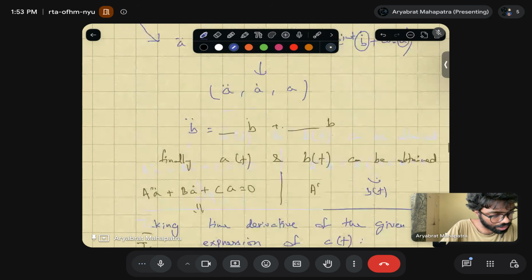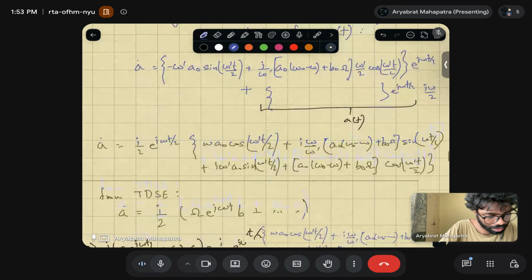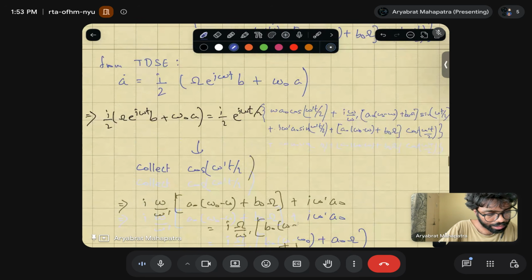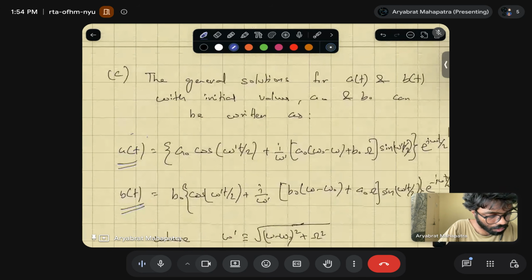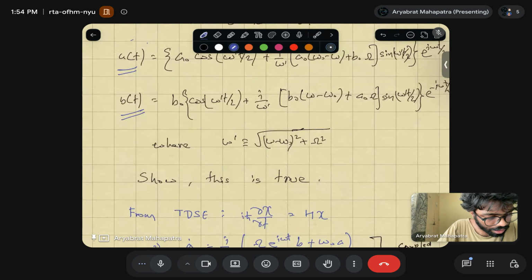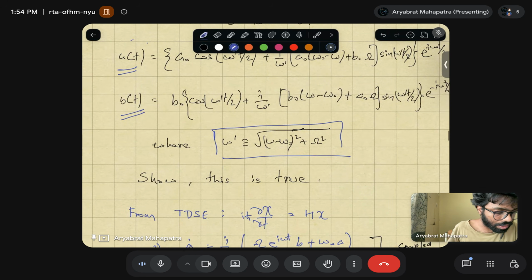So if this has to be 0, like if you remember in the problem, it has said that these are the only solutions. If these are the exact form of the solutions, then they must obey this frequency relation, which is basically the NMR frequency.